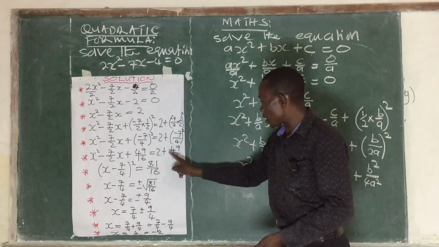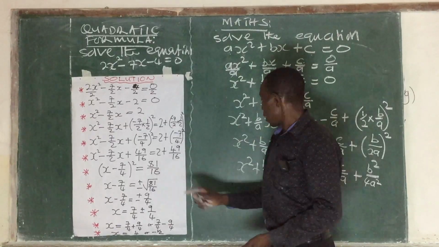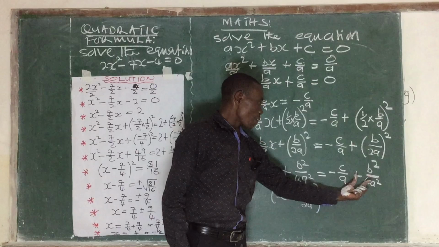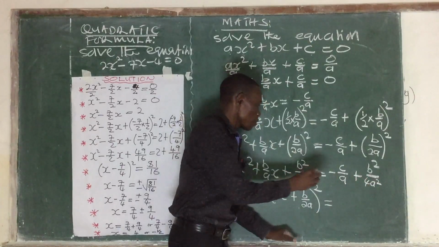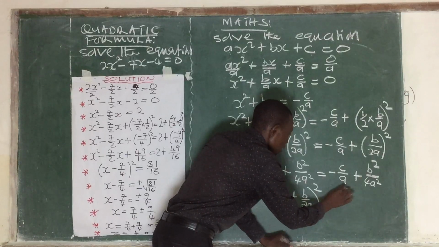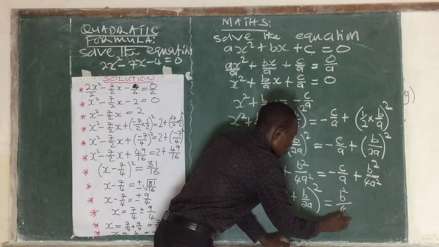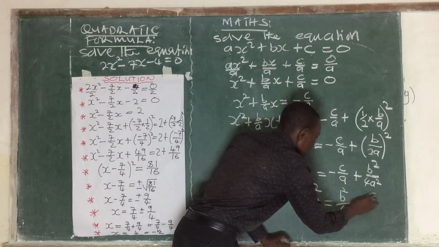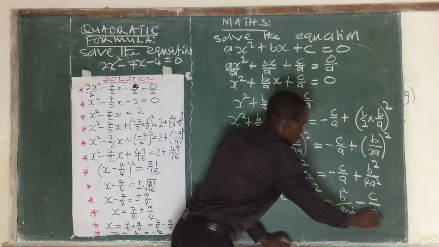So if I'm adding this plus this to get 81 over 16, it means the same here. I can also add this one and that one. So if I add this one plus this one, it's as good as just beginning with b squared over 4a squared, then I can end up with minus c over a.